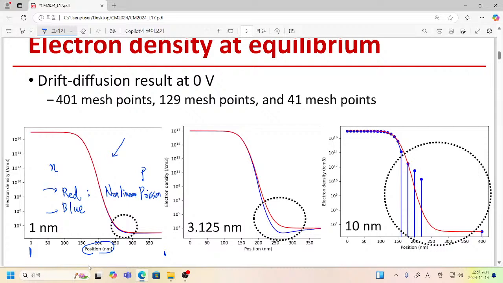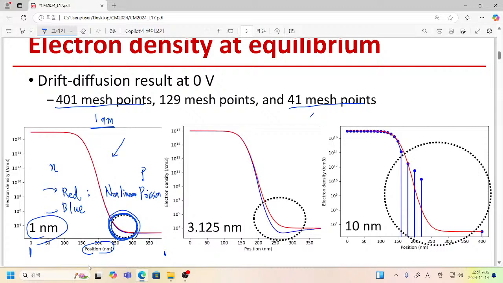When we have 1 nanometer spacing, please have a look at the two curves. How does it look? Although we have a small difference at this point, it is not that much, so we can say it is acceptable. But this is related to 1 nanometer spacing. Here you have another extreme case.